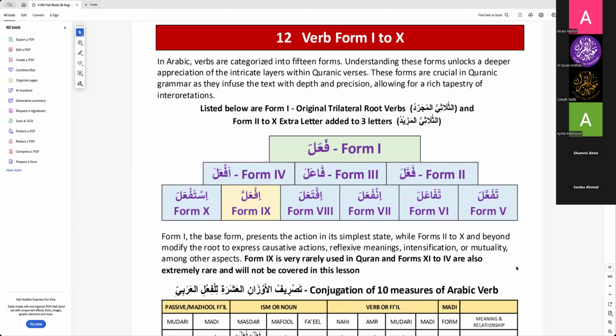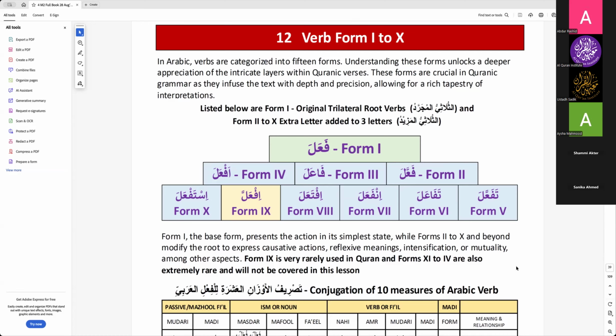Now, lesson 12, verb form 1 to 10. In Arabic, verbs are categorized into 15 forms. Understanding these forms unlocks a deeper appreciation of their intricate layers within Quranic verses. These forms are crucial in Quranic grammar as they infuse the text with depth and precision, allowing for a rich tapestry of interpretations.